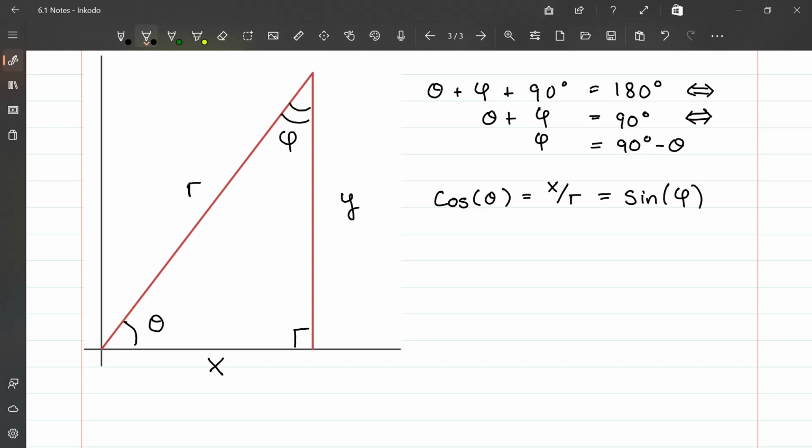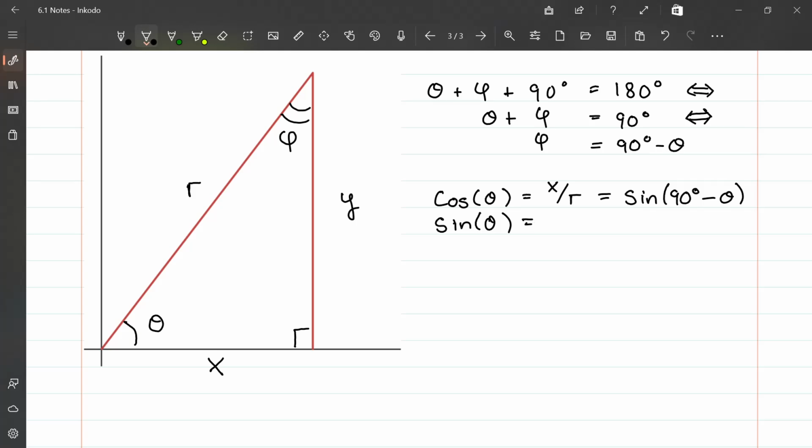Well, based on my calculation up above, another way of saying exactly what we wrote a few seconds ago is cosine of theta and sine of 90 degrees minus theta are exactly one and the same, and this is one of the cofunction identities.